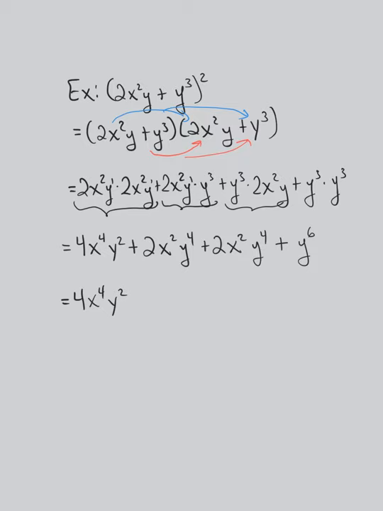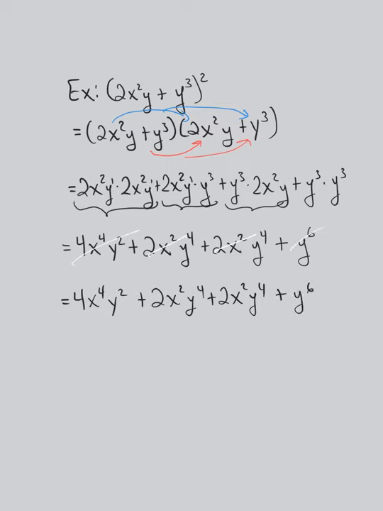And so we've taken care of that one. Then I just go to the next one down the line. So 2x squared y to the fourth. And notice the one immediately to its right is also a like term. Some of you may not need this line also. And then we have plus y to the sixth. That takes care of the last term.